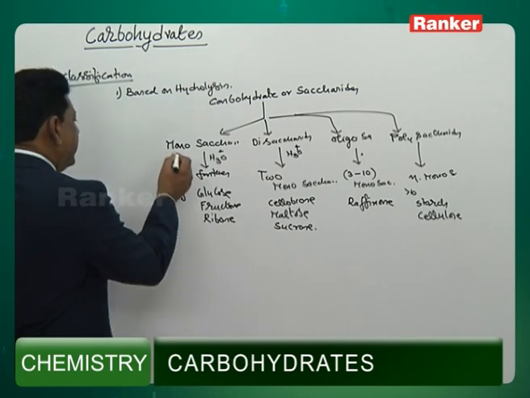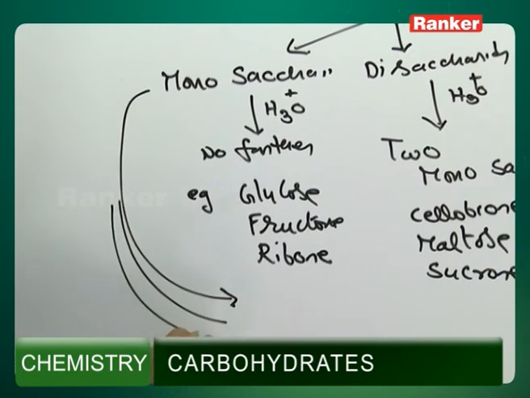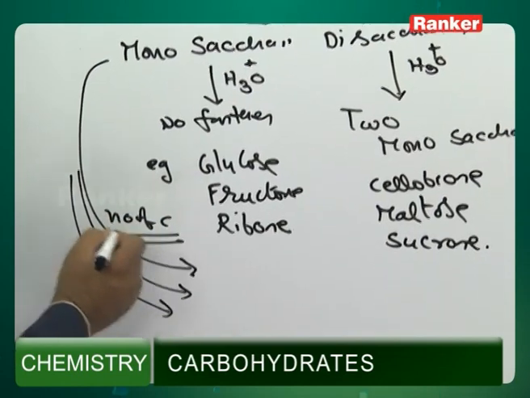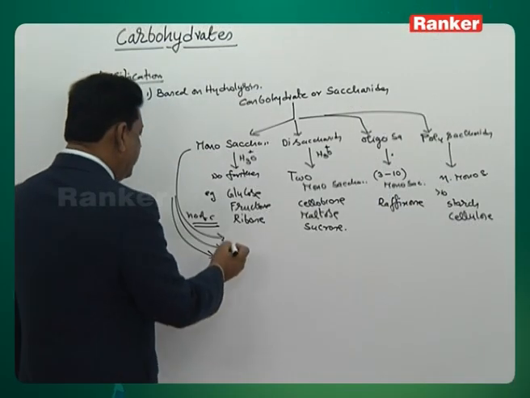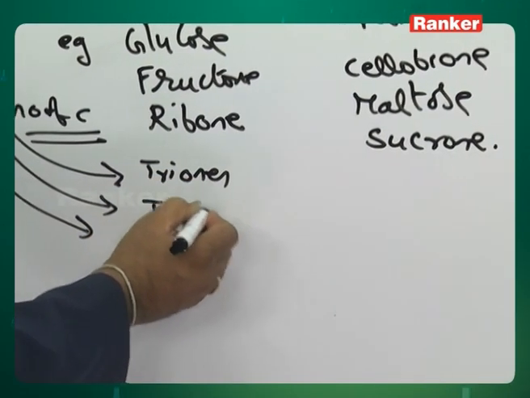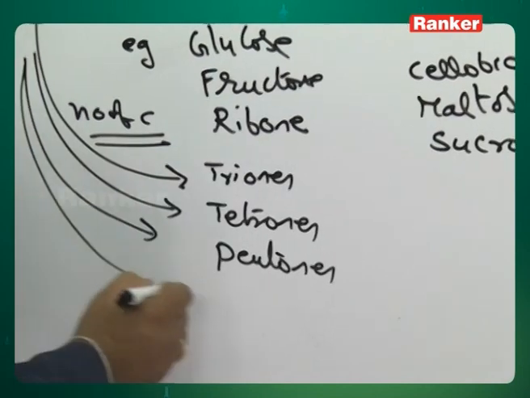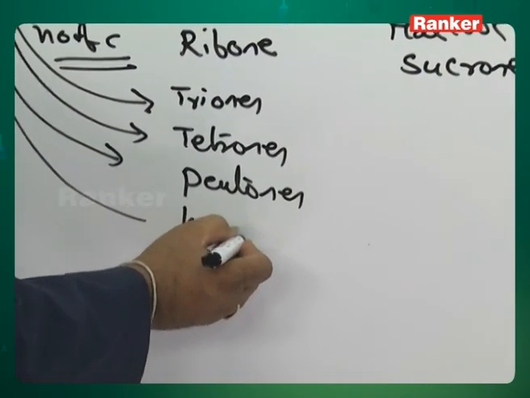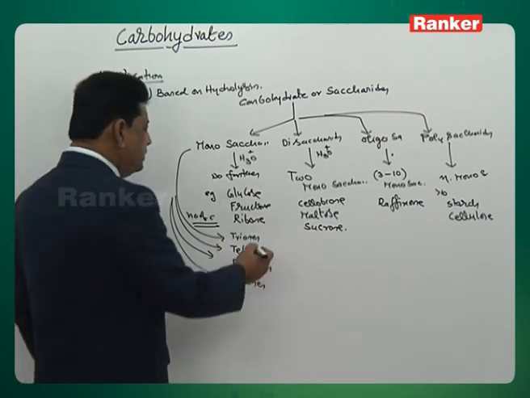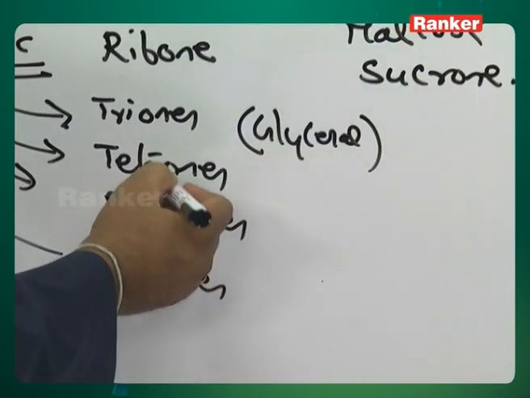The monosaccharides are further classified based on the number of carbons. How many carbons are there? Based on that, the classification goes into trioses, tetroses, pentoses and hexoses. Glyceraldehyde is an example of a triose.